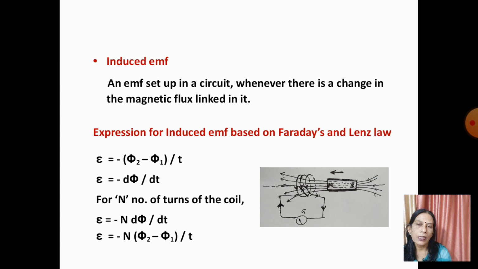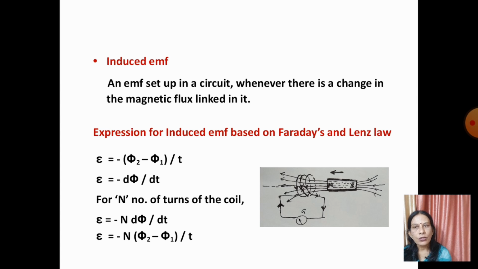So the important thing is that we are not talking about the ordinary EMF, we are talking about the induced EMF which has been generated by the change in the magnetic flux linked with the circuit. So children, the word change in magnetic flux is very important because we get this EMF only when the magnetic flux is changing.